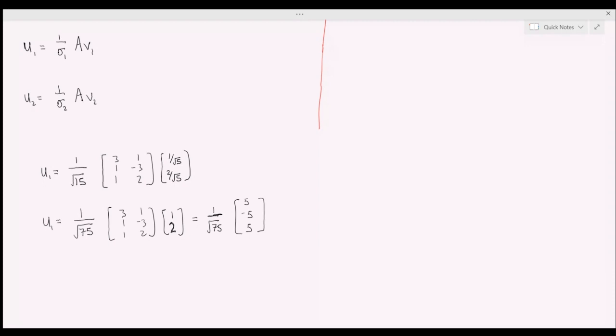And I guess it's not super important, but we can simplify this pretty nicely. So square root of 75, we can write it as square root of 3 times square root of 25. And square root of 25 is 5. So then we can cancel these 5s with this 5 in the denominator, which would leave us with this at the end for U1.